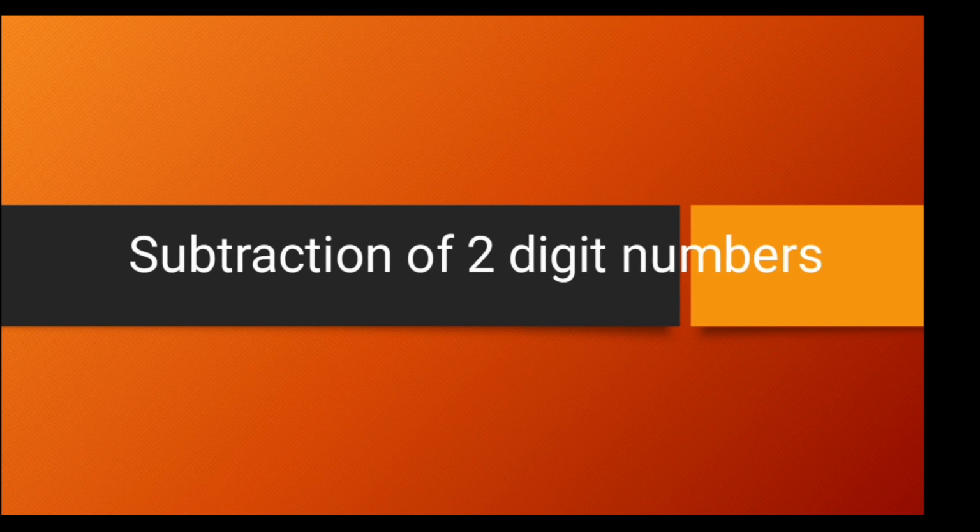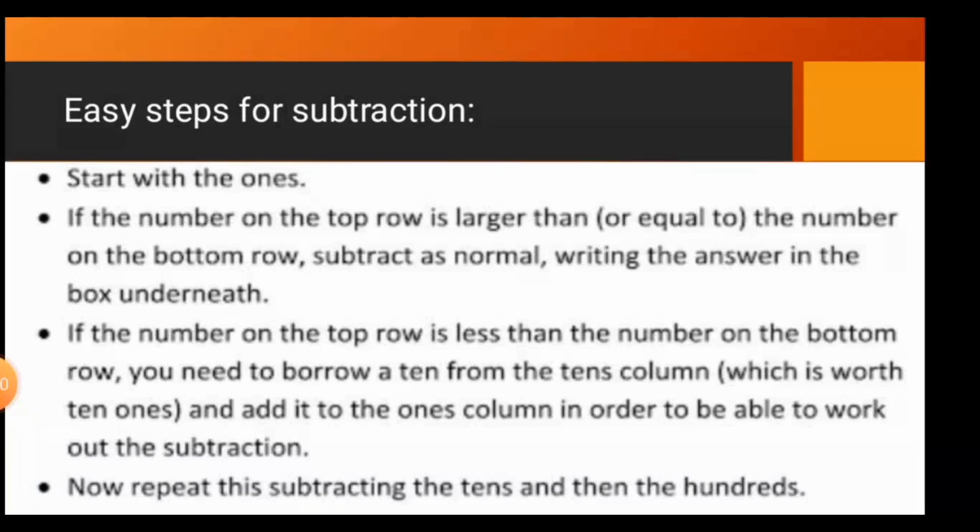Subtraction of two-digit numbers. Easy steps for subtraction. Start with the ones. If the number on the top row is larger than or equal to the number on the bottom row, subtract as normal, writing the answer in the box underneath.